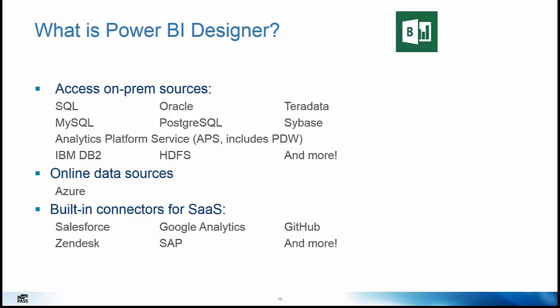The online data sources really are Azure at this point, but I wouldn't be surprised, with the way they've been growing out some of this stuff, if they add Amazon in some form there, which you can connect to as a regular data source as well, just through setting it up as a regular connection. So it's not to say you can't connect to that.